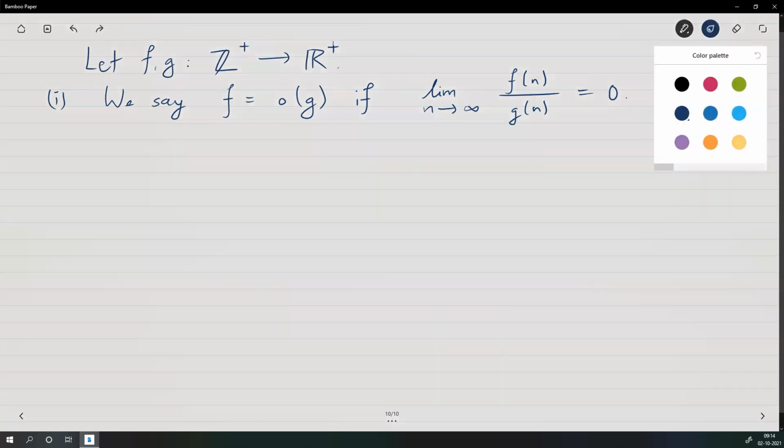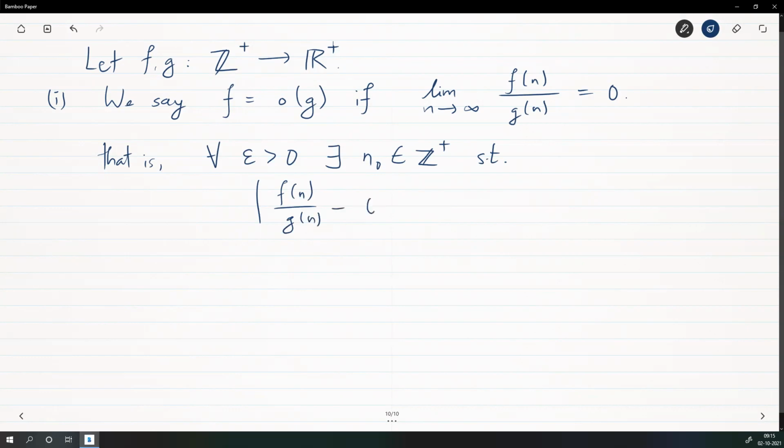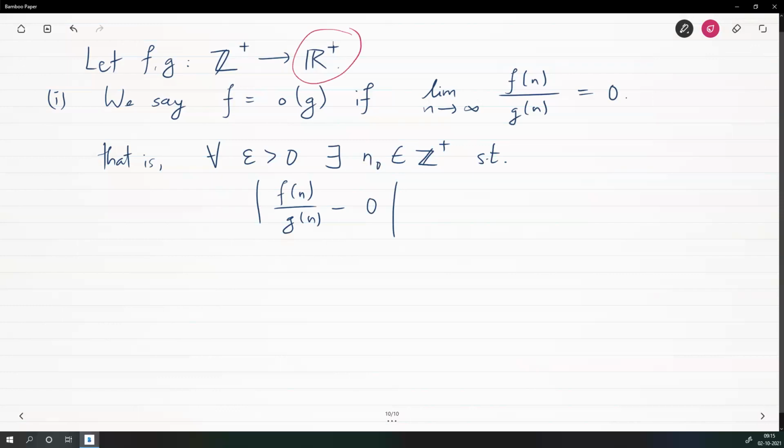So if you expand the definition of the limit, what this says is, for every epsilon greater than 0, there exists an n naught, a positive integer, such that mod f n by g n minus 0 actually, but this part is positive. f n by g n is positive because we are working over functions that go from positive integers to positive reals. So we don't even need the mod.